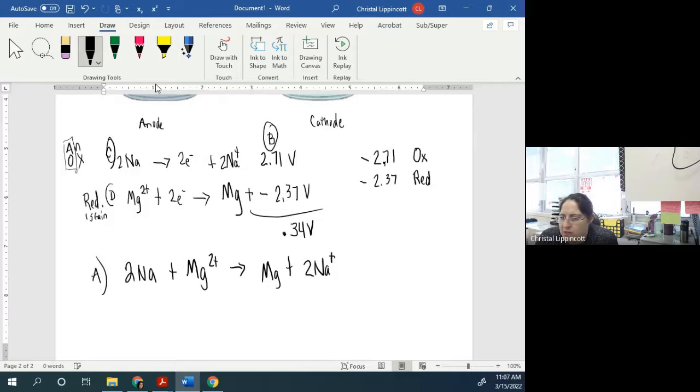This is letter D on your sheet. Okay? Does adding the coefficients change the voltage? No, no. This is considered to be an intensive property. So if you remember back to your first year chemistry where we talked about extensive and intensive properties of matter, intensive doesn't matter how many you have.